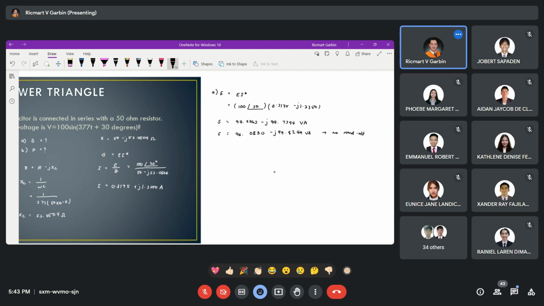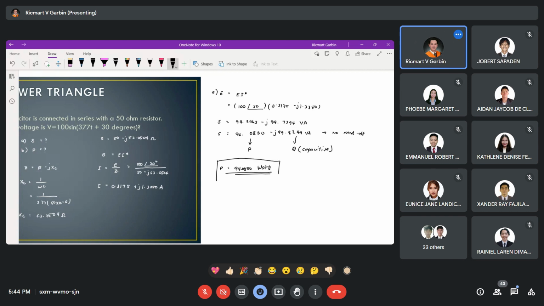Bakit? Tingnan natin. Kapag ito na yung real power, ito na yung P, ito na yung Q, tapos ito ay capacitive. So, ibig sabihin, ang real power natin is 94.0850 watts. Yan ang dapat yung sagot.